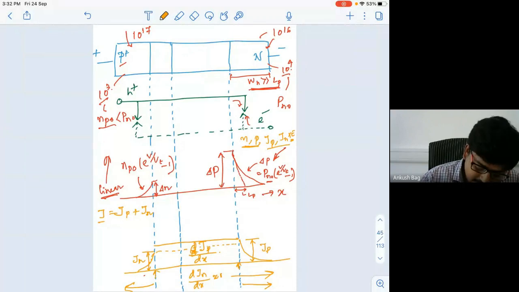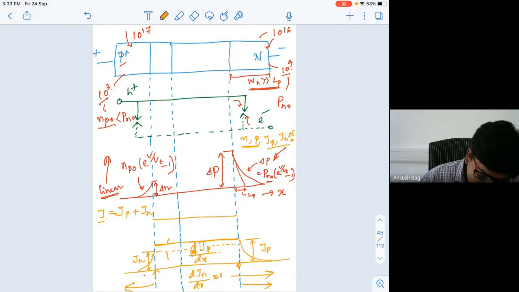So now we have this picture: there will be constant hole current density as well as constant electron current density throughout the depletion region. Now if we simply add this Jp and Jn within the space charge region, we get the total current J.